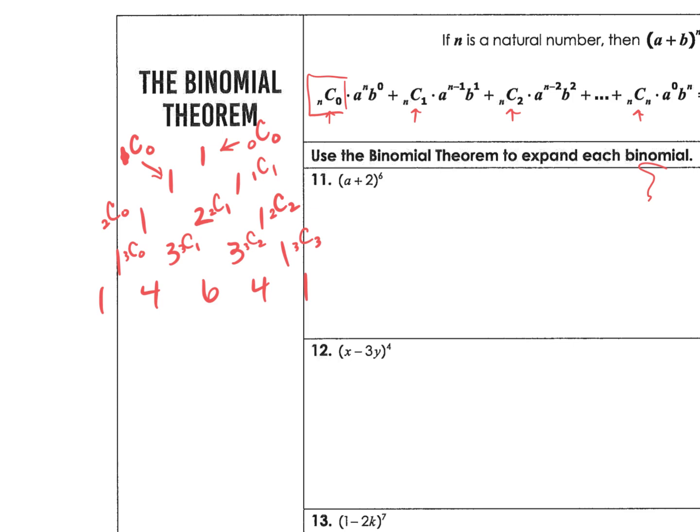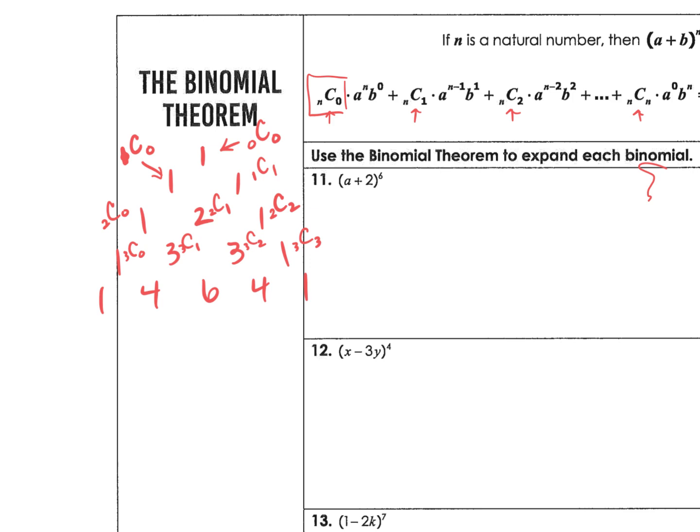Now, if you had to find like the 13th row, you could bet your bucks I'd be using 13C0, 13C1, 13C2, 13C3, because I don't want to have to do row 13 of Pascal's triangle. Those are going to be pretty big numbers, aren't they? Yeah. But for anything like 5, 6, 7, create Pascal's triangle and do it the way we did before.